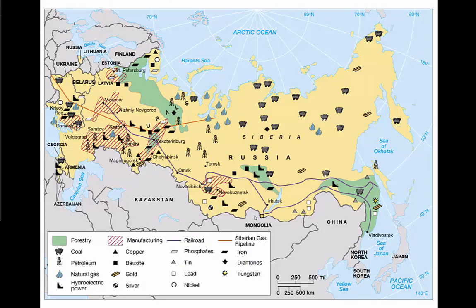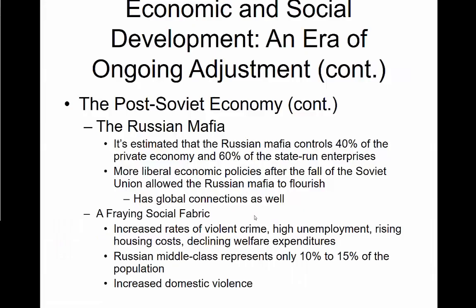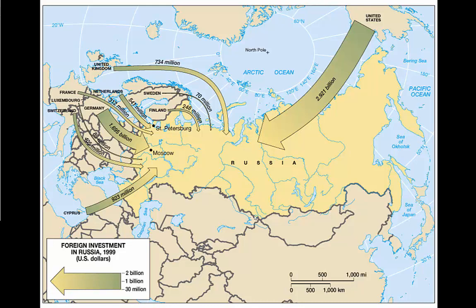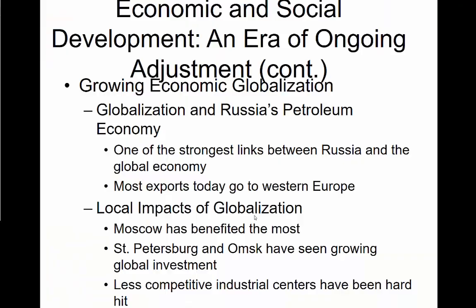The forest, manufacturing, railroad, iron. Alcoholism, smoking, HIV/AIDS. And you can see where the movement of dollars go in. And that's about it for Russia and the Russian domain.